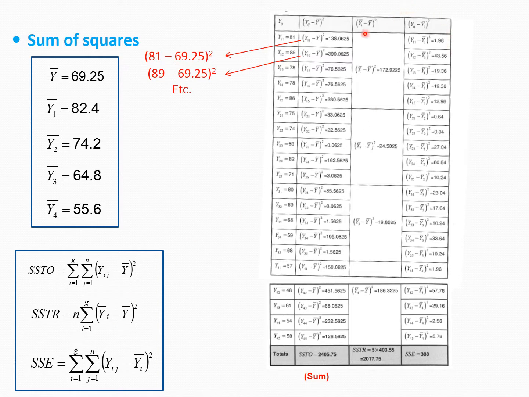So for the first five observations for group 1, you will use that group mean of 82.4. So you take the 82.4 minus your overall group mean, which was 69.25, and you square that value.